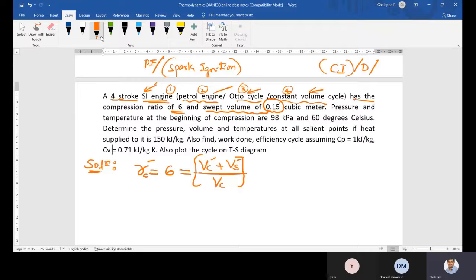Swept volume. Out of these two, clearance volume VC and VS, which one is swept volume? VS is swept volume.